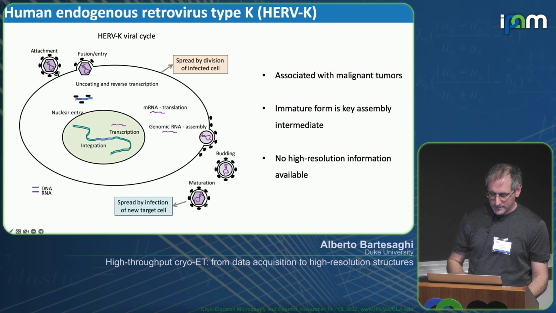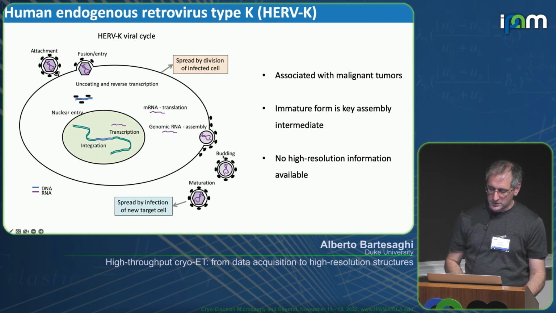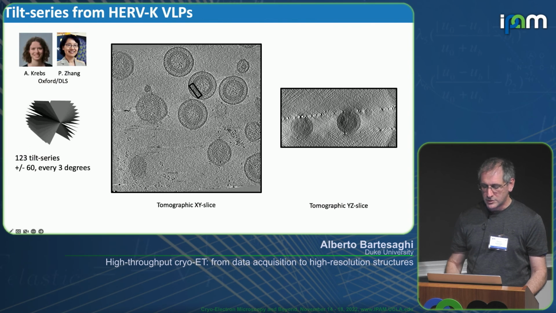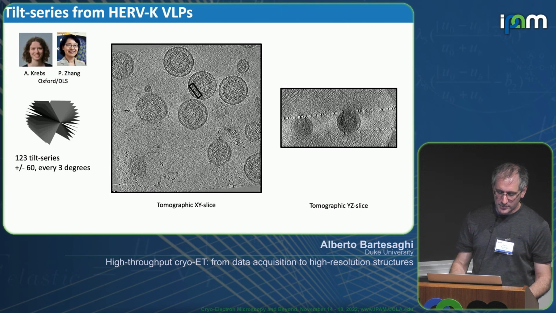So again, I'm not going to focus on the biology, but essentially this immature state is critical. It's a key assembly intermediate. So it's important to know the structure, in particular of the GAG protein, for which there are no structures available so far.